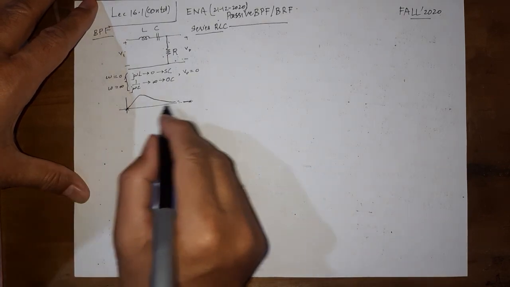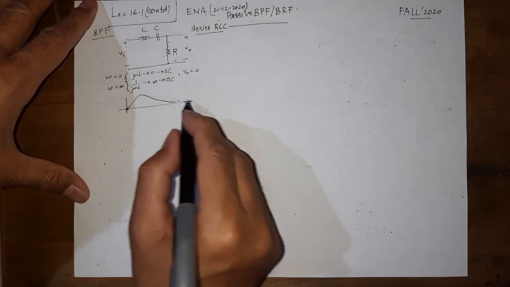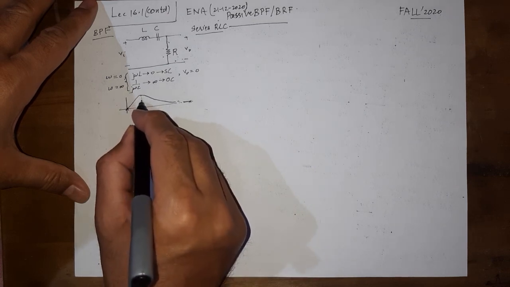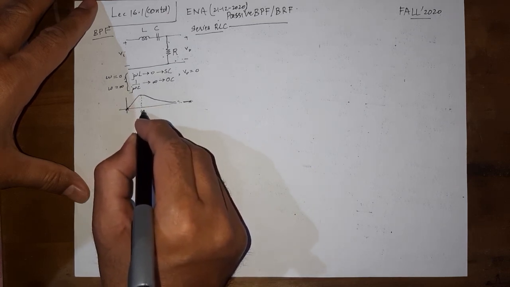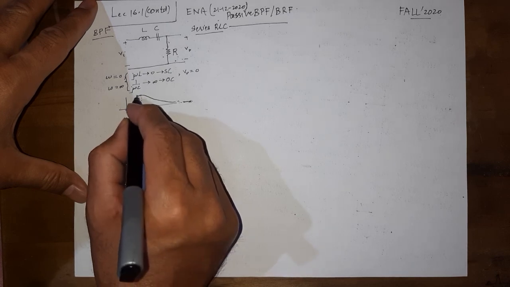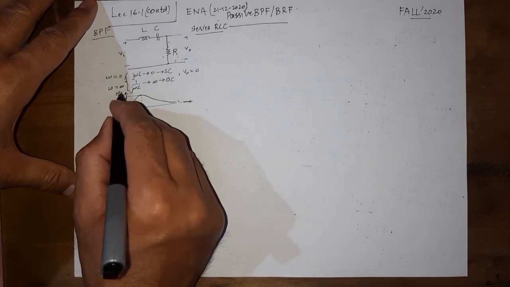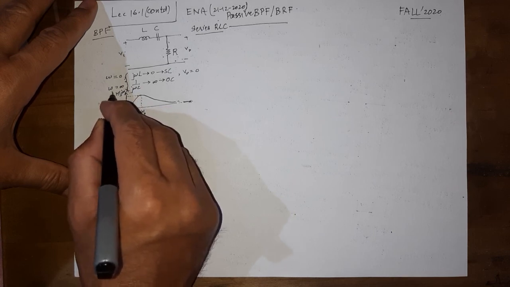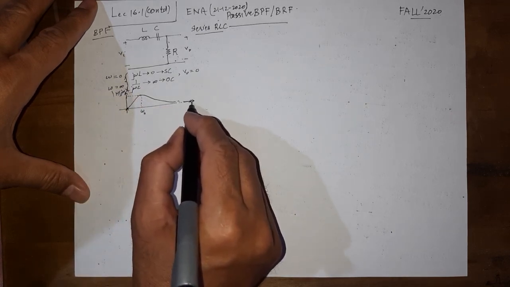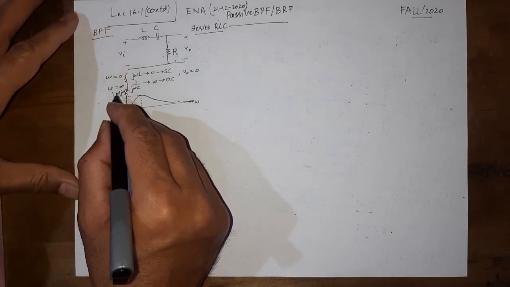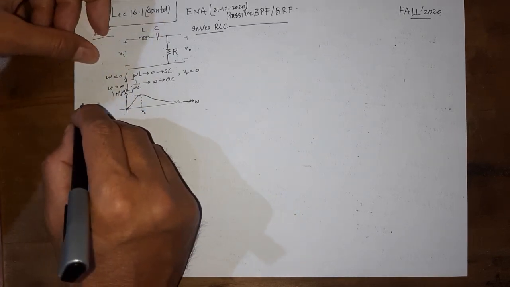It starts at 0 and ends at 0, but it will not be 0 for all values of omega, and there will be an omega where the value would be maximum. And remember, when we draw this for a filter, we usually always draw the magnitude of H of j omega, that is the magnitude response.